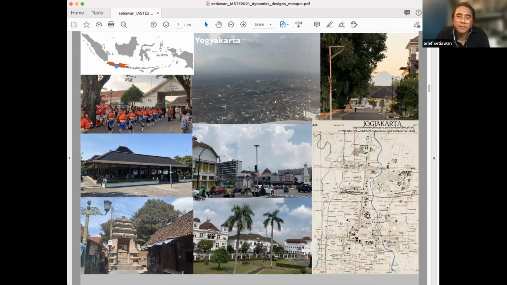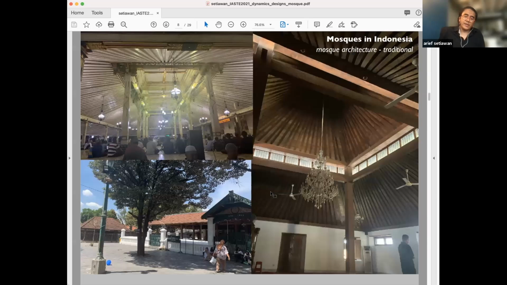What I do with my paper is that I started by cataloging historically the transformations of the design of mosques in Indonesia. The traditional mosque in Java, in particular in the city of Yogyakarta, usually consists of two parts, an open hall at the front and an enclosed hall at the back.